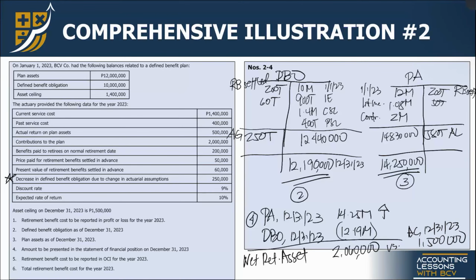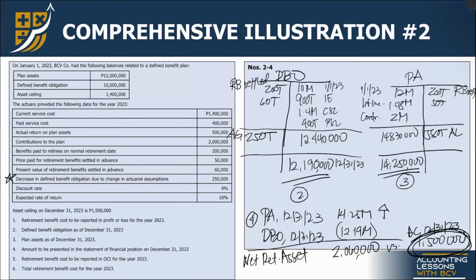Dahil mas mababa si asset ceiling, alin sa dalawa ang ipe-present natin sa statement of financial position? Answer, it is the lower amount or the asset ceiling. So ang sagot natin for number 4, 1.5 million.